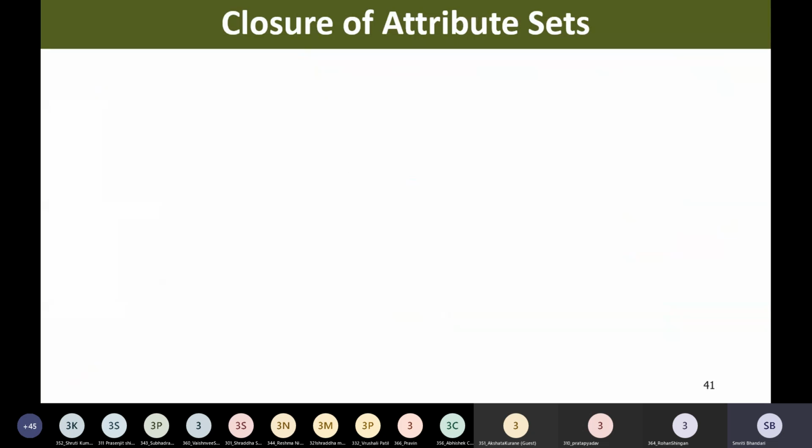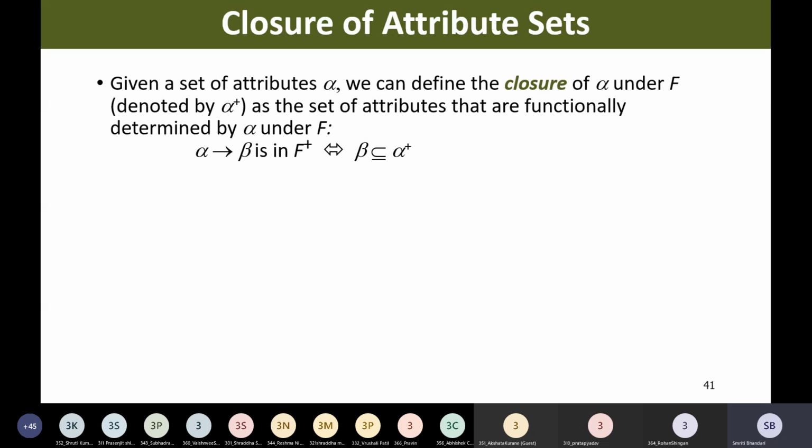Okay, so let us proceed now with the next concept, and that is closure of attribute sets. We have talked about the closure of set of functional dependencies, F plus, and now we are going to discuss the closure of attribute sets. So what do we mean by closure of attribute sets?